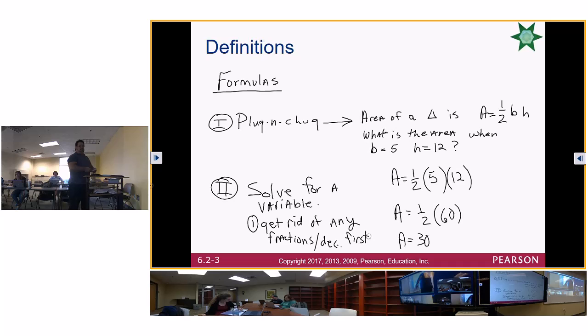Fractions and decimals will complicate it. So we're going to spend most of our time on 6.2 today on these type problems, okay? Because these, you should know how to do these. We're going to do a couple today and spend a little bit more time on the second one, okay?